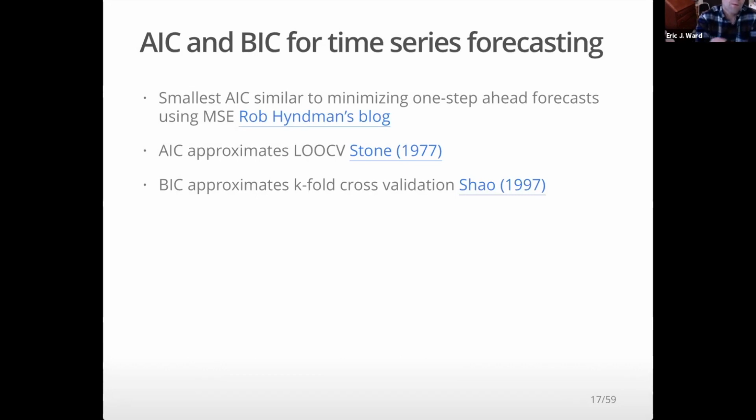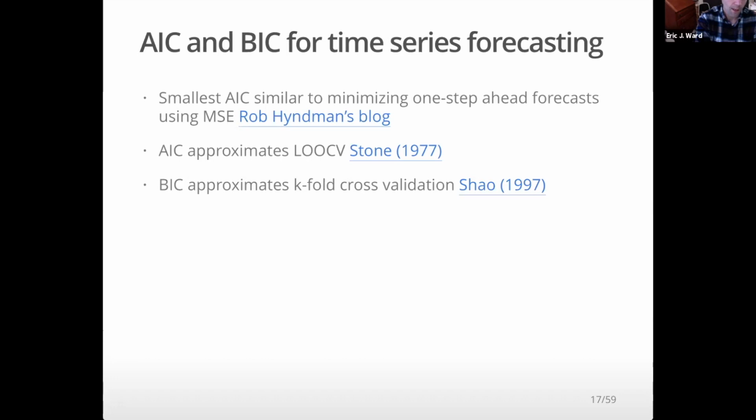In terms of the time series aspect of it, these tools are also very popular in doing time series predictions or figuring out the correct moving average or autoregressive order for a time series model. And so there's been a lot of thinking about how AIC or BIC relates to other things that we might be doing, like leave one out cross validation.